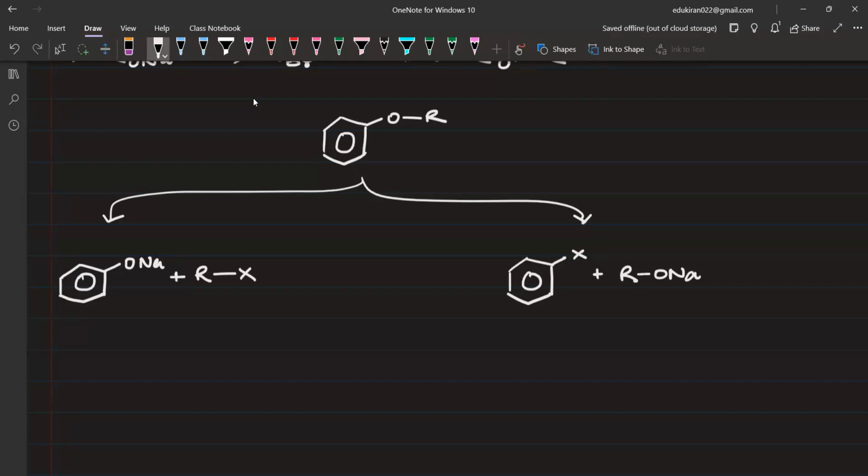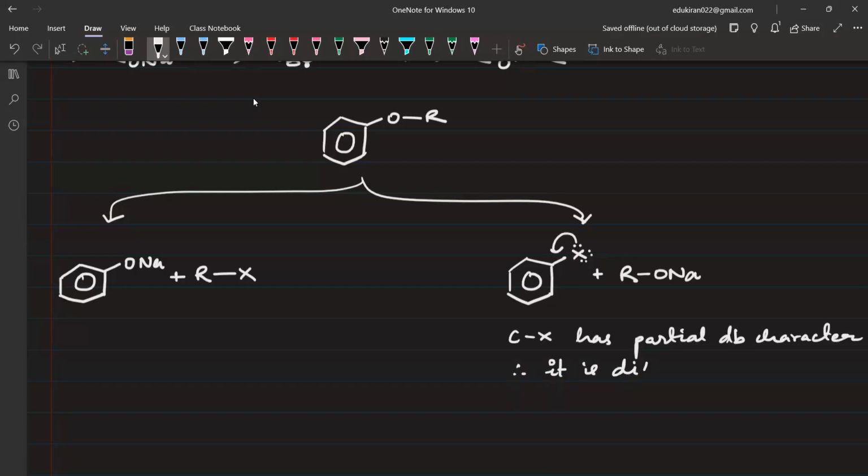Now the problem in the second one is that this halogen atom will be in resonance with the benzene ring, and the C-X bond is going to have partial double bond character. Therefore, it is difficult to break.